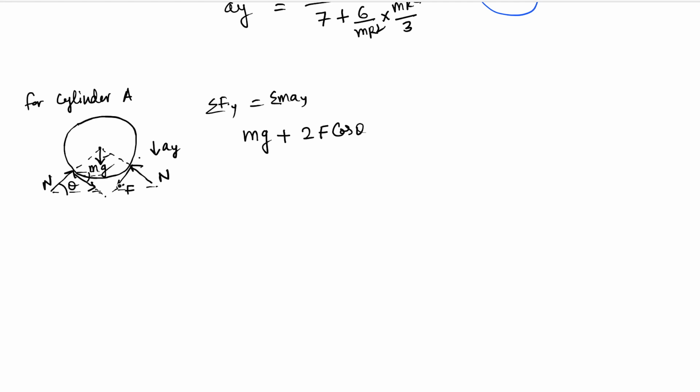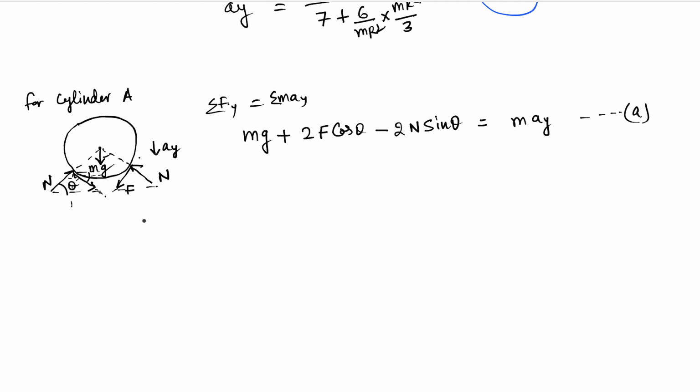So you should see this one. This is theta, this is 90 minus theta, so this is theta. Minus 2N sine theta equal to may. Now let's take this equation as A.